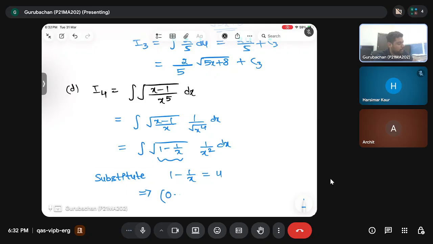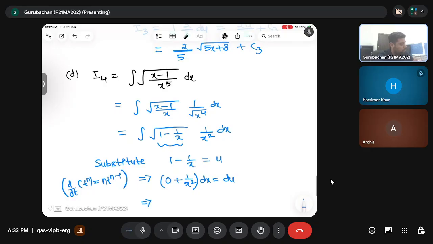This is 0 and this will be 1 by x square, as d by dt of t to the power n is n t to the power n minus 1. So dx by x square is du.